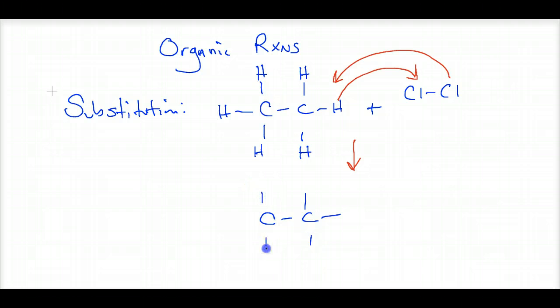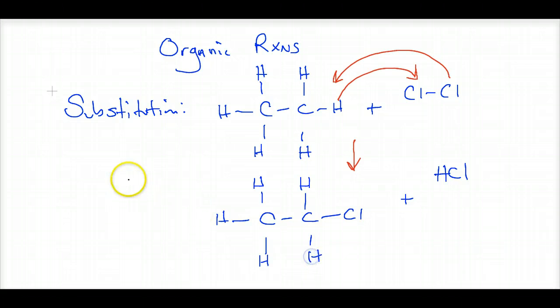A chlorine comes on, and an H comes off, HCl is made. So 2 products are made because of the substitution, and the substitution is made because there isn't any room. And you need to know that saturated hydrocarbons undergo substitution.